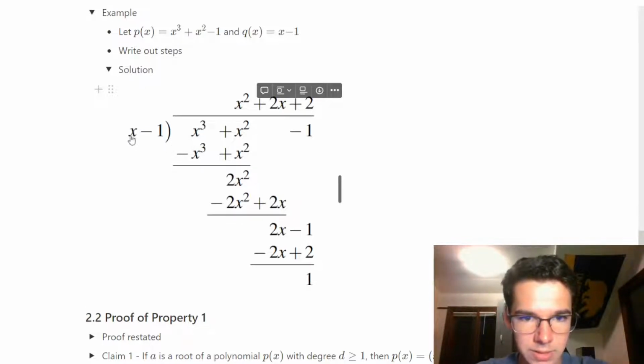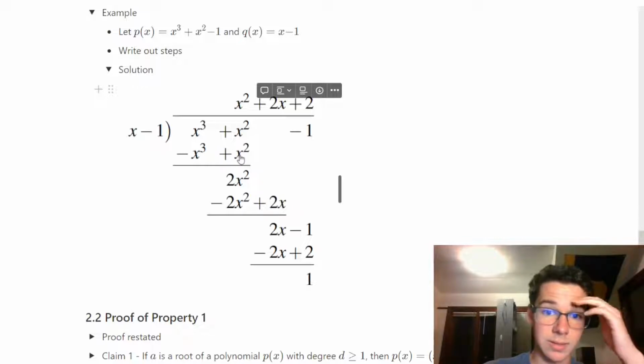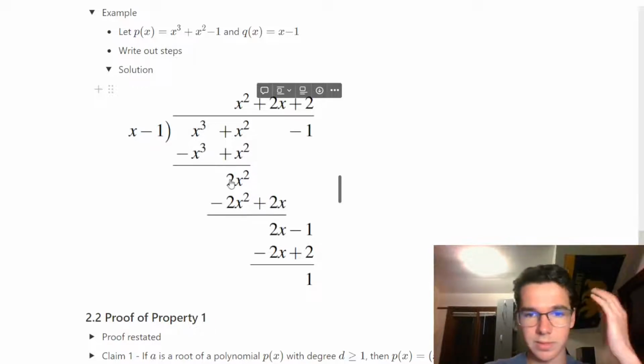We want to find something that will subtract out the largest term, so we multiply our divisor by x squared, and we get x cubed minus x squared. Subtracting it out, we're left with 2x squared.